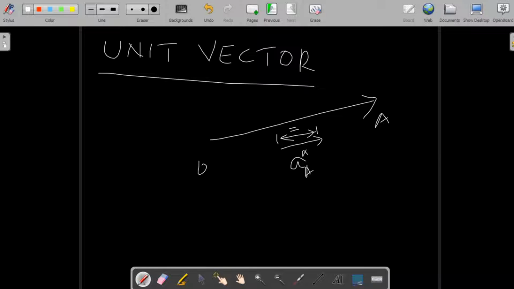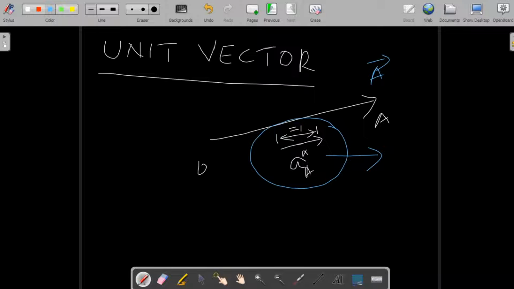Whose magnitude will be 1. Very clear? So this acts as a function of representing the direction of my main vector a. It just acts as a function in representing the direction of this vector.